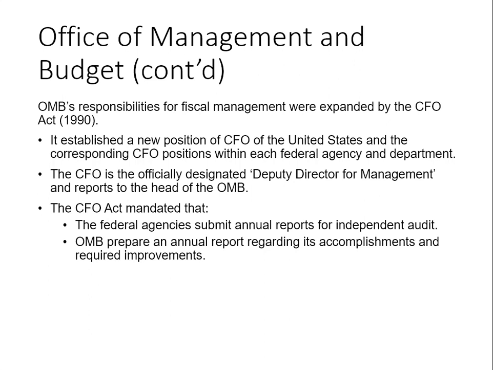The CFO is the officially designated deputy director for management and reports to the head of the OMB. The CFO Act mandates that the federal agencies submit annual reports for independent audit. The OMB prepares an annual report regarding its accomplishments and the required improvements.